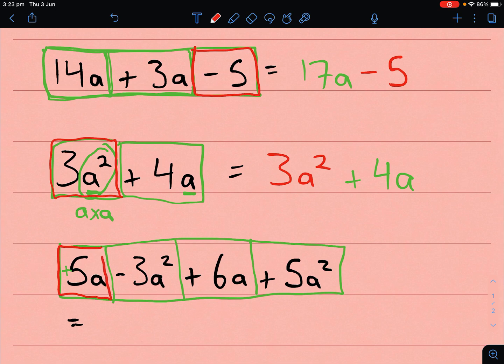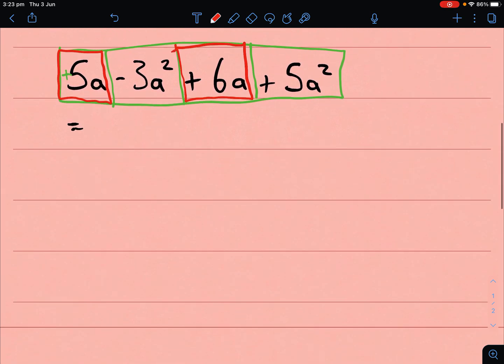So we've got an A block here. This is an A squared block, so that's a bit different. This one here is another A block, so we can draw that one in red as well. And the last one is another A squared block, so that's different again. So now when we come to add it, we're only going to be adding together the blocks which are the same type.